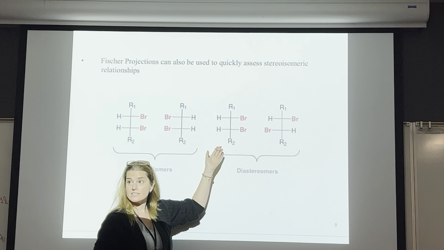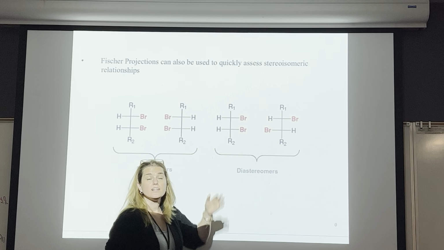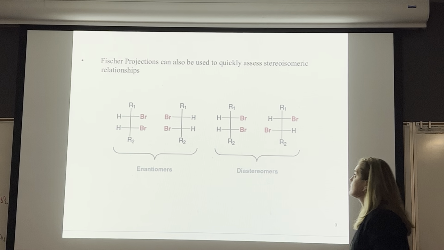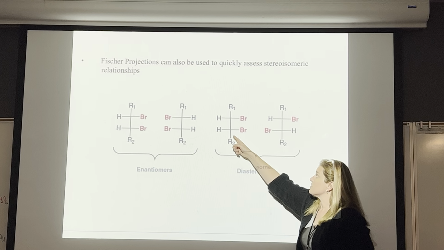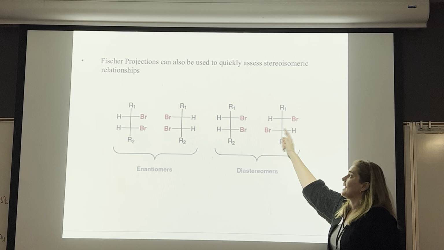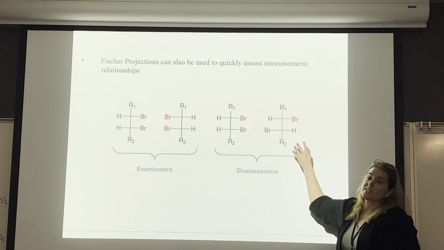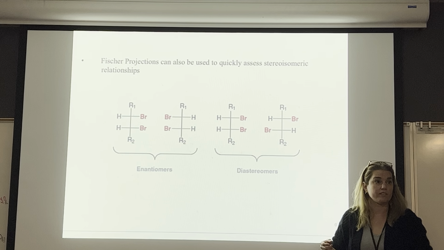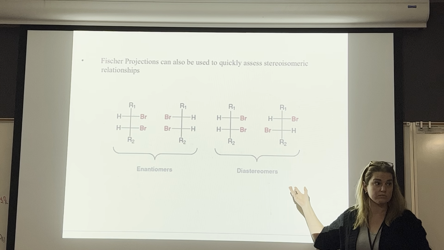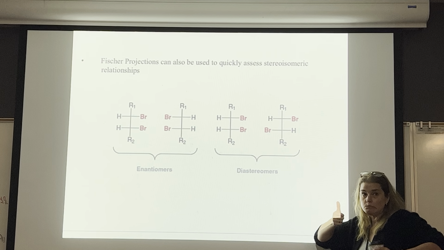How many chiral carbons? 2. And in order to be enantiomers, everything has to be a mirror image. So this one is a mirror image of this one, but this one is not. It's the same. So it doesn't qualify as an enantiomer, so then it just falls into the diastereomer category. All right with that?